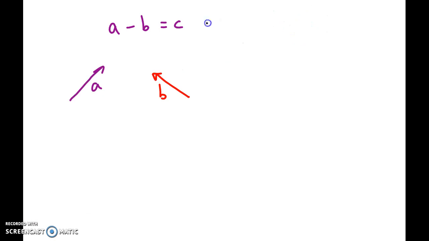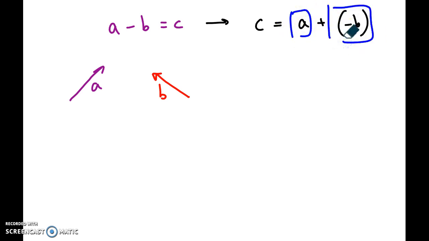Let me show you now the other way to do this. You could say that C is A plus negative B. In this case, now we do have a proper addition. C is the sum of A plus negative B. We know what A looks like. We've already got it written. But what's negative B?